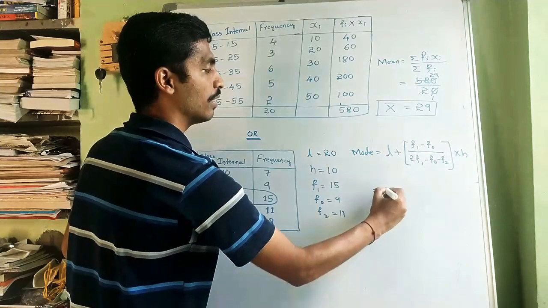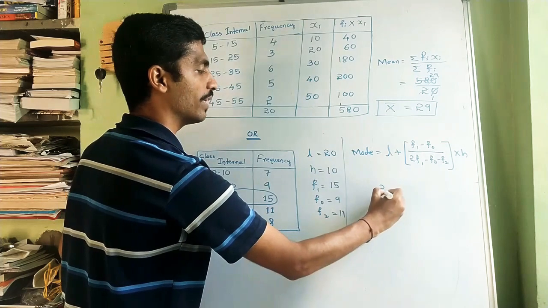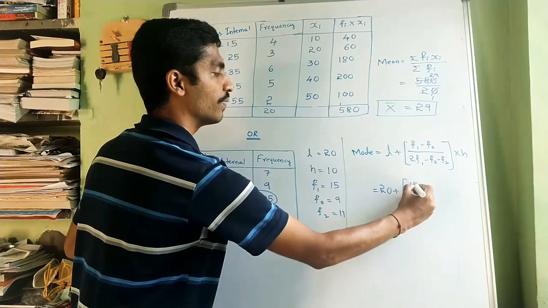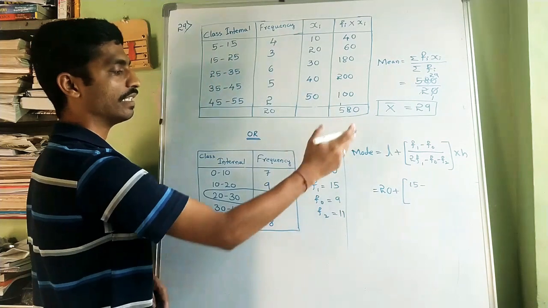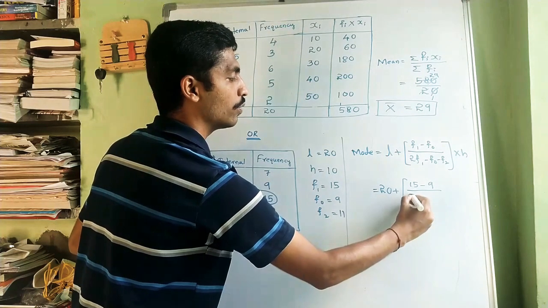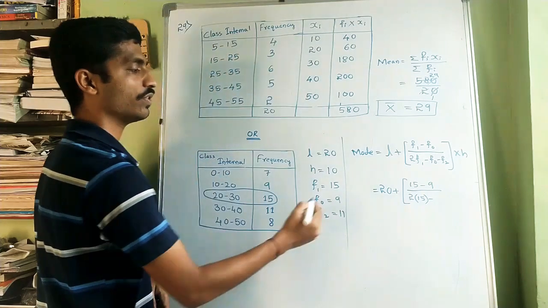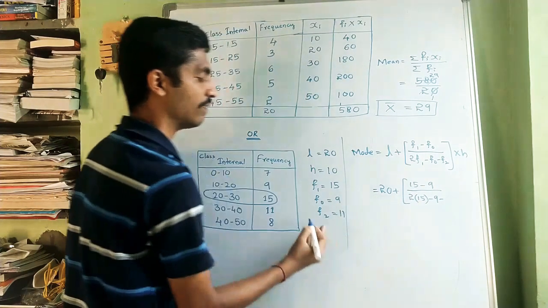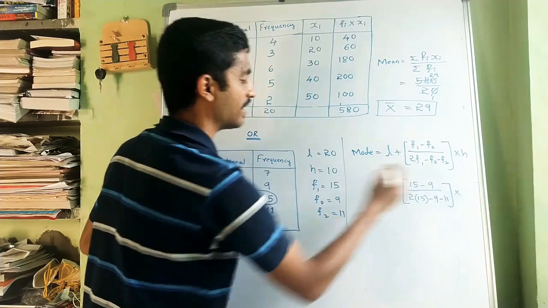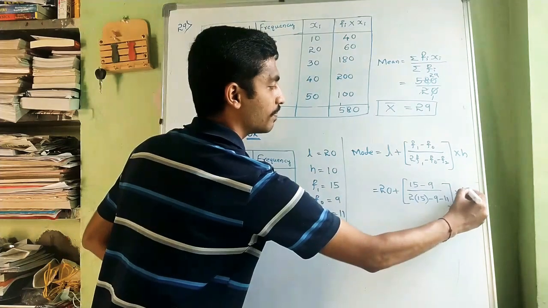Okay, so substitute the values here: 20 plus (F1, that is 15, minus F0, 9), whole divided by (2 F1, that means 2 into 15, minus F0 is 9, minus F2 is 11) into H, class size, how much? 10.